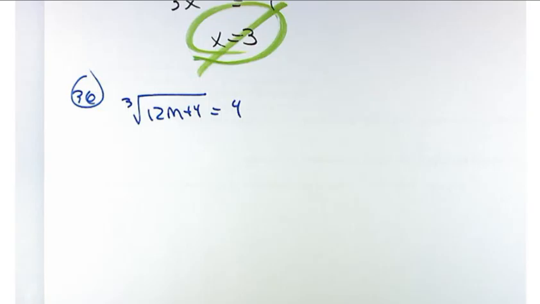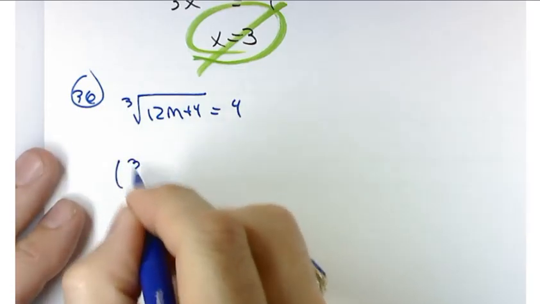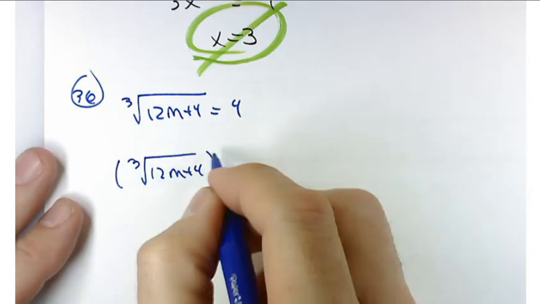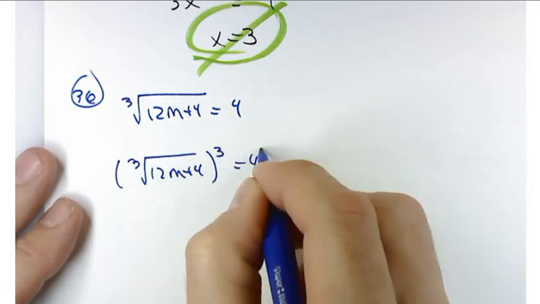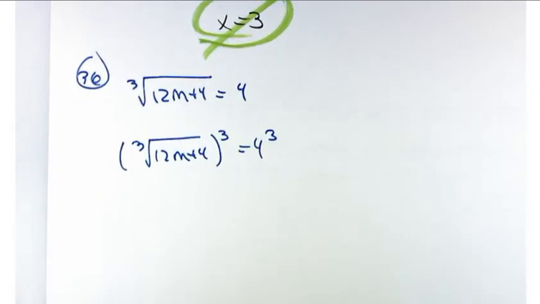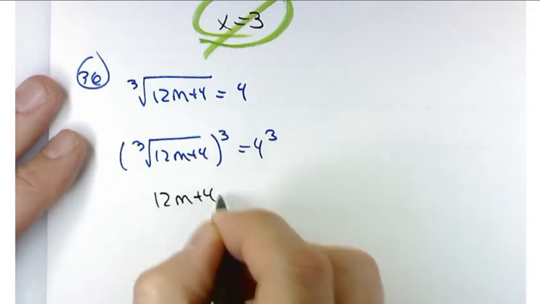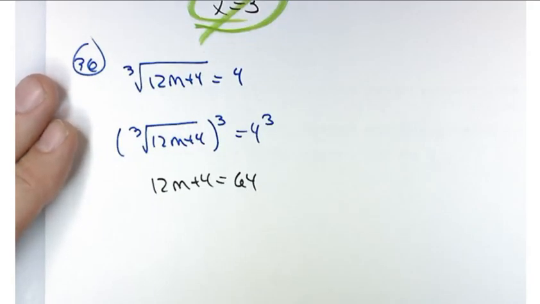Yeah, perfect. Thanks, ladies. You're going to cube both sides instead of square both sides. So the cube root of 12m plus 4 gets cubed. 4 gets cubed. Can someone tell me what equation I get when I cube both sides here? Thank you. 12m plus 4 equals 64.